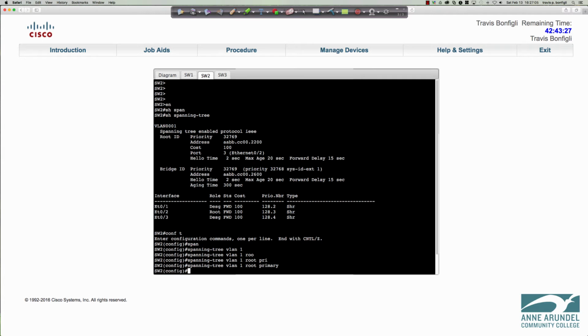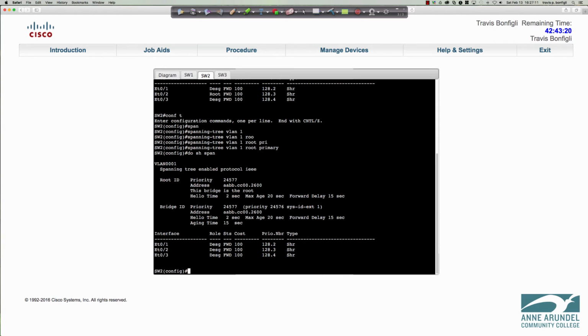So we say root primary, but when I say do show spanning-tree, it's actually running a command in the background to set the priority to 24576. So you can see now for VLAN 1, it says this bridge is the root. So switch 2 is now the root bridge. There's my MAC address for switch 2. The MAC address is here.